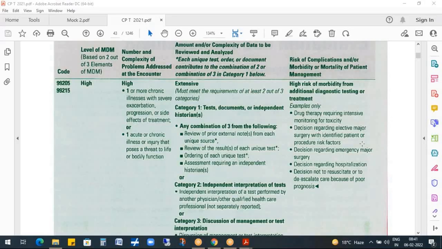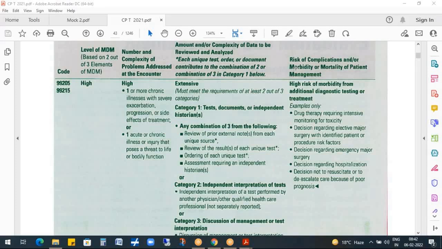Or if they decided to admit the patient into the hospital based on his condition, then also definitely that condition may be high risk, life-threatening condition, coded as high. Or if they documented do not resuscitate, that means no further treatment for the patient, then also there are some critical conditions, then go for high. Now understood? Forget about this middle column as of now. Understood, everyone? Based on this plan, you can go for high. Is that clear now?